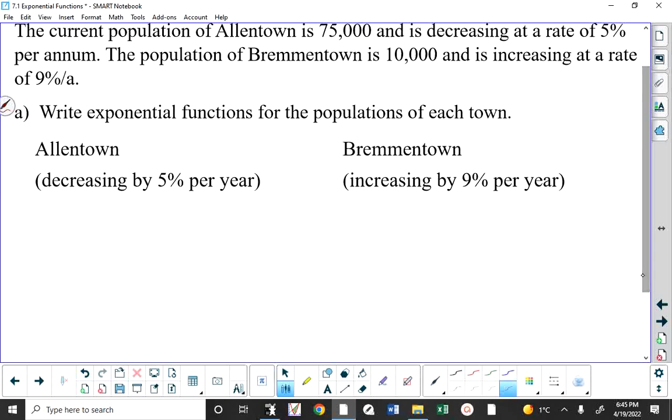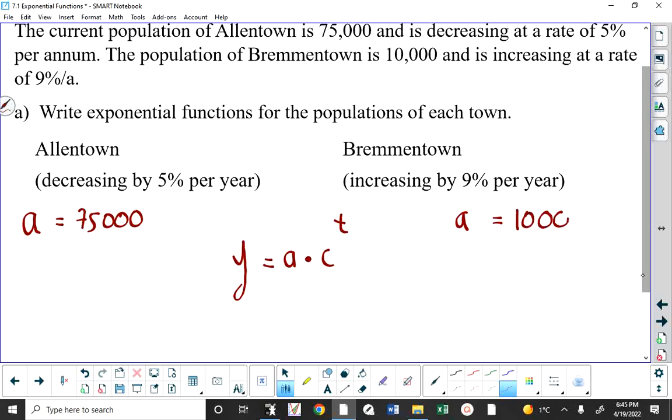We're going to use this, y equals a multiplied by the base raised to the t. A in Allentown's case has a value of 75,000. A in Brementown's case has a value of 10,000. Now, what is the base?